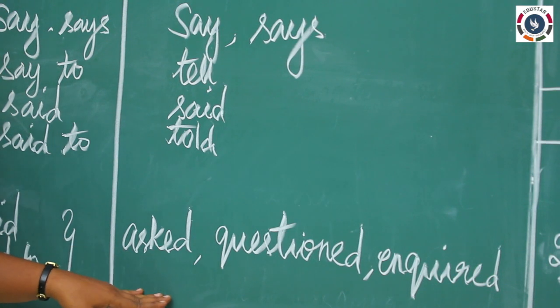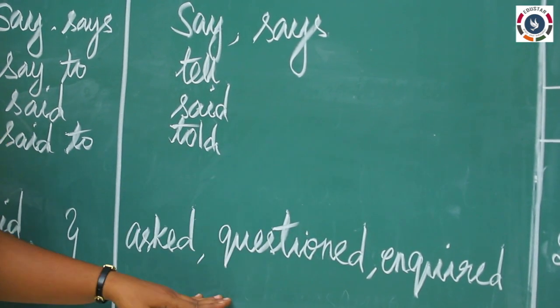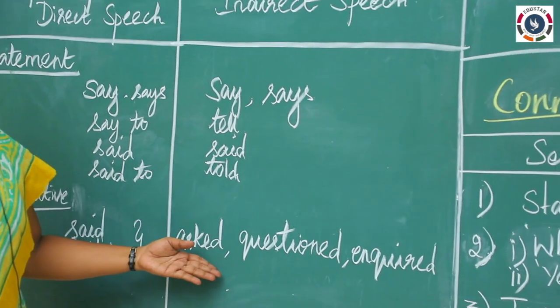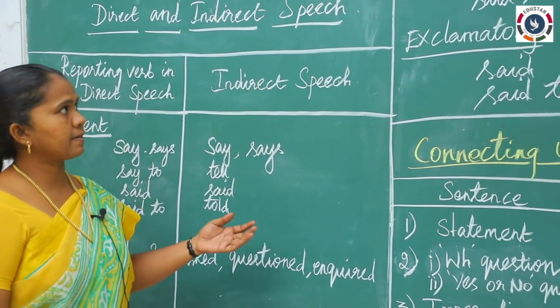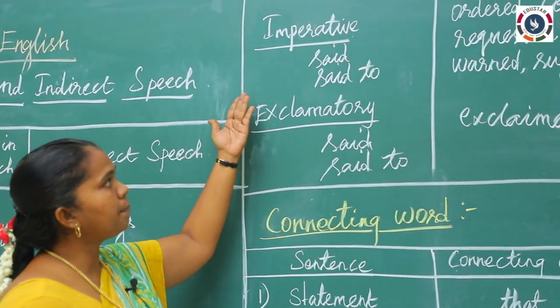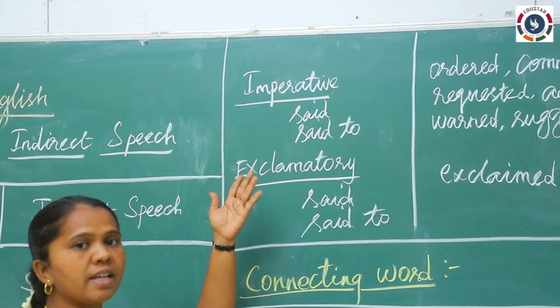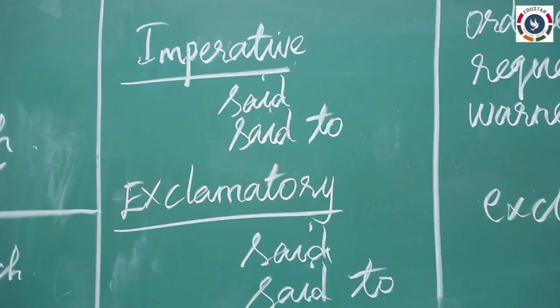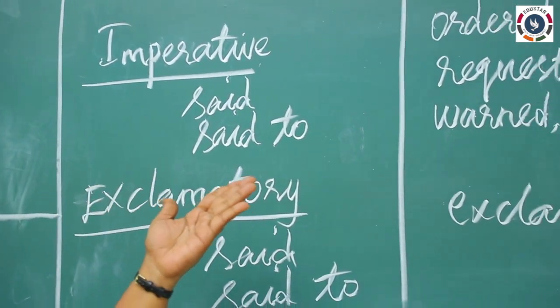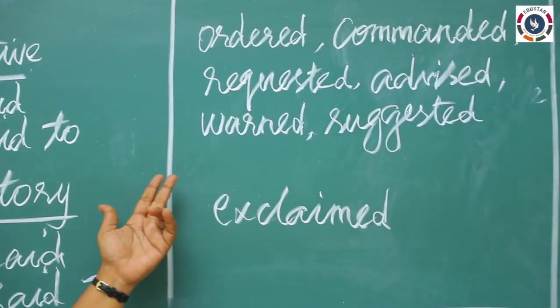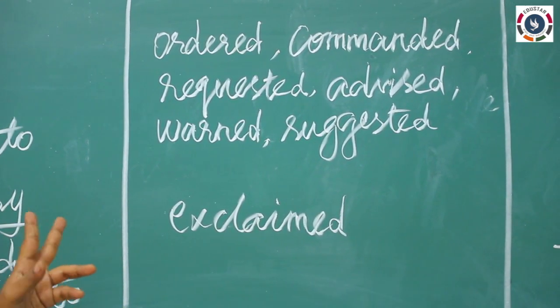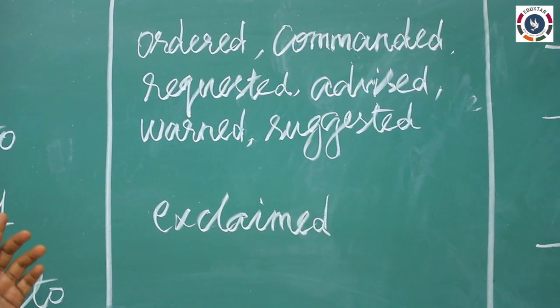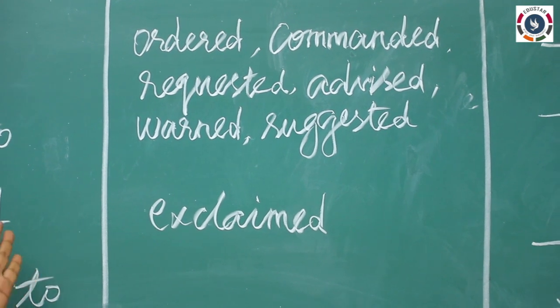In these 3 words, you can choose any one, and if you go with the word asked, that is the best part. And the third one is imperative, and here also whether it may be said or said to, you can choose any one of these: ordered, commanded, requested, advised, warned or suggested.